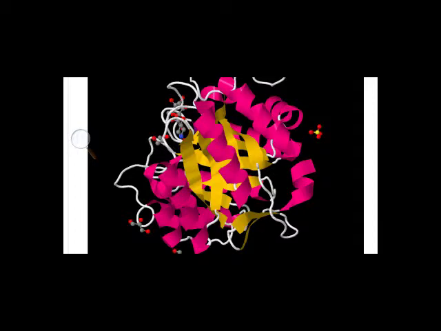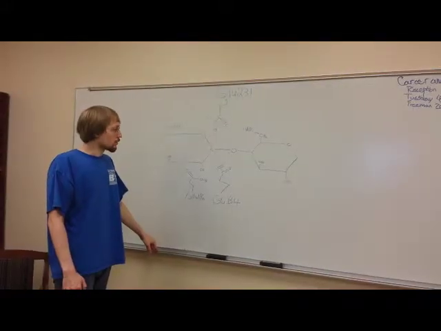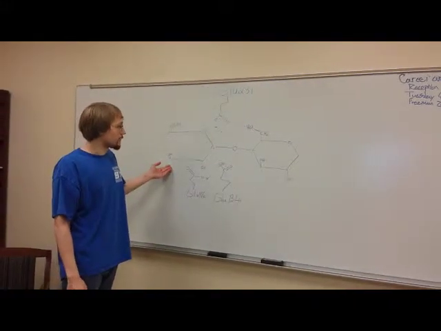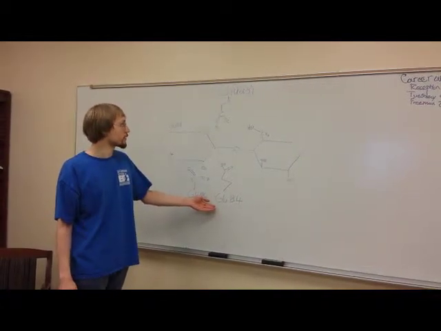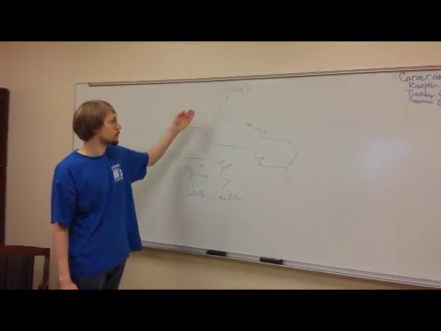This is an example of a cellulase from a bacteria. As you can see, it has many alpha helices, some beta-pleated sheets, and glutamic acids are serving as the active site. Cellulose is bound into the active site by hydrogen bonding from glutamic acid 134 and glutamic acid 231.